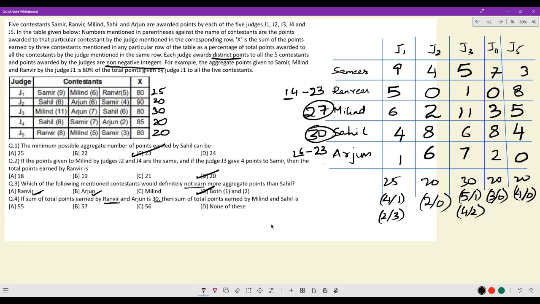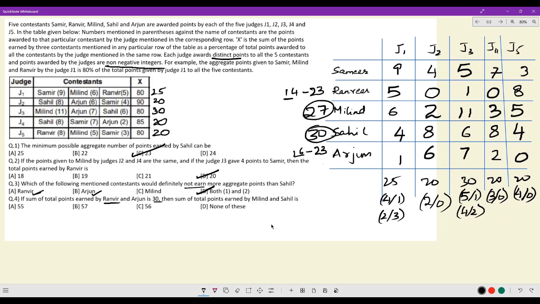I hope these are the two people we need. 6 plus 2 is 8. 8 plus 11 is 19. 19 plus 8 is 27. And then we have 4 plus 8, 12. 8 plus 4, another 12. Plus 6, so 30. So Milind and Sahil overall will add up to 30.